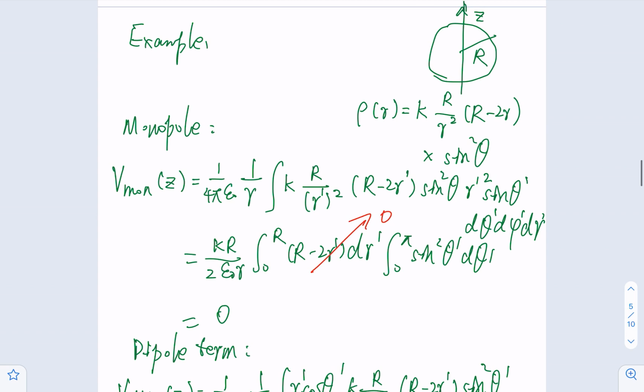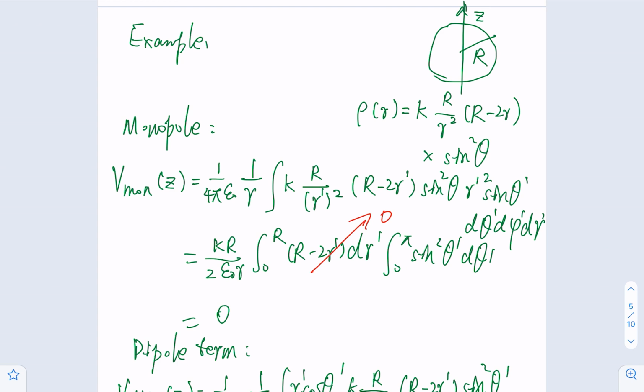Now here I'm giving an example and calculating the multipole expansion term by term.